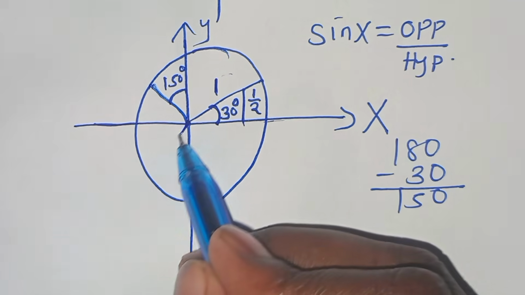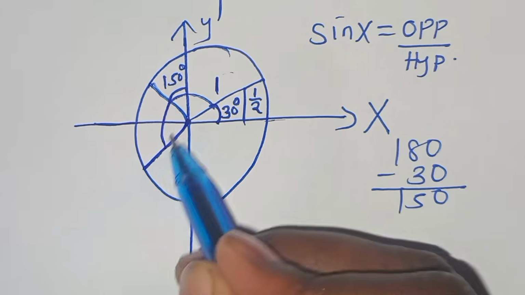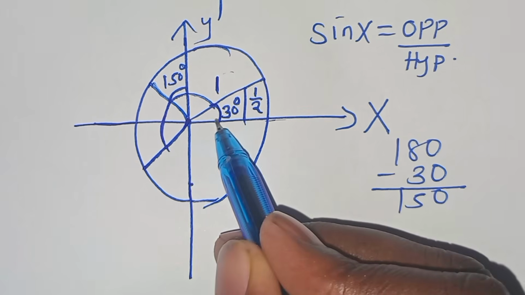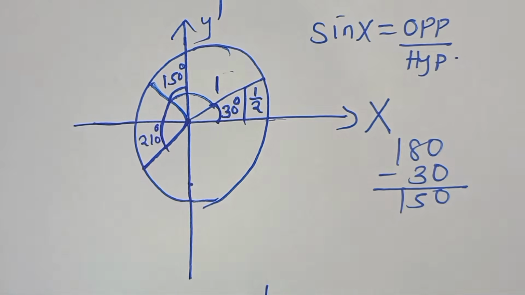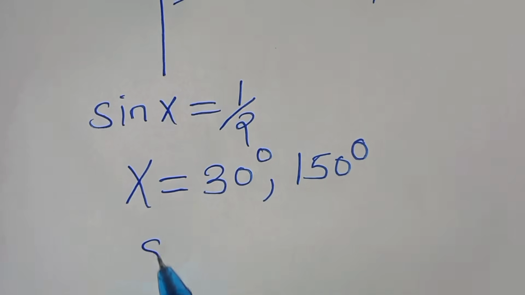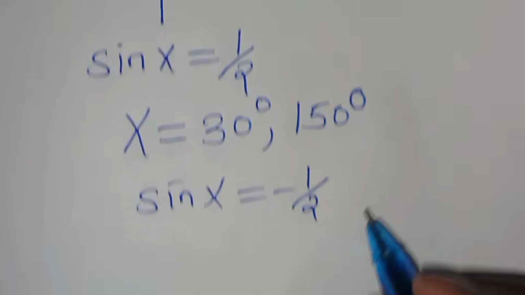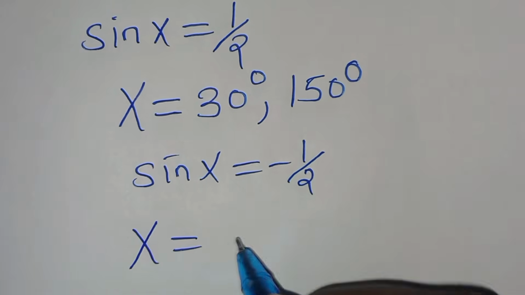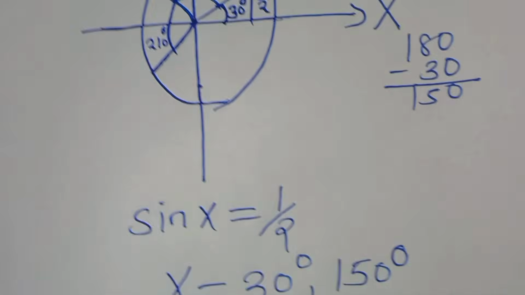Now let's proceed to the third quadrant here. So we have 180 degrees plus 30, and this is 210 degrees. So we have sine x equal to negative a half. This implies that x is equal to 210 degrees. Now let's move to the fourth quadrant here.